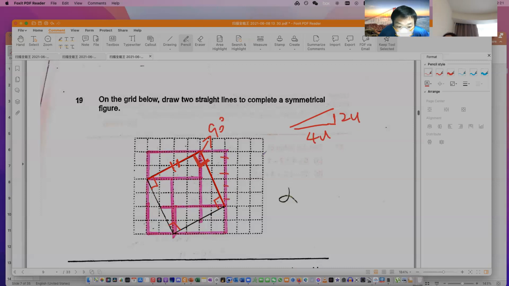So they are equal to each other. This side is also 4u, and this is also 2u. If you can ensure all angles are 90 and all sides are equal, then this figure is a square. A square is a symmetrical figure, so that's why I say your answer is correct.